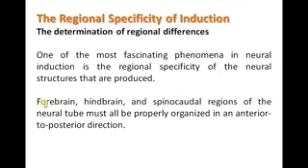Among that, the forebrain, hindbrain, and the spinocaudal regions of the neural tube must all be properly organized in an anterior to posterior direction. The organization of the nervous system in an appropriate way is a very important aspect during the developing embryo.